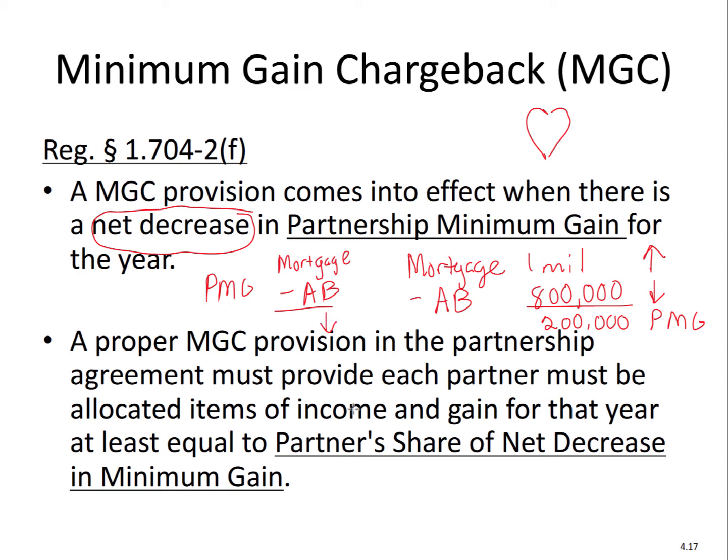Each partner will recognize his or her share of the net decrease in the minimum gain, which I'll explain how we calculate. The proper minimum gain chargeback provision in the partnership agreement must provide that each partner must be allocated items of income and gain for that year at least equal to the partner's share of net decrease in minimum gain. So it's just the portion of the decrease. That's it. All right.